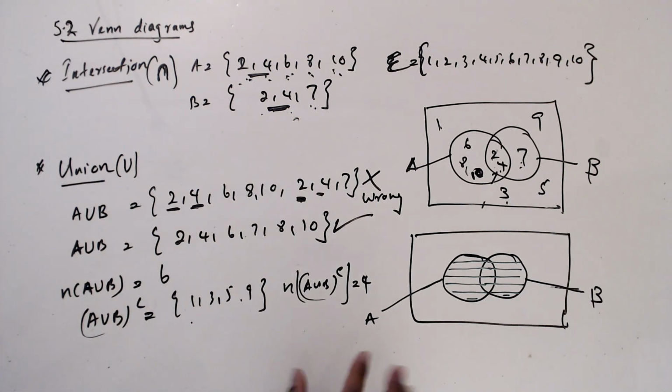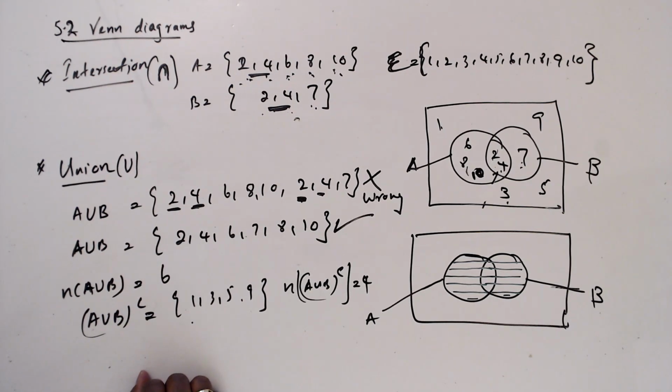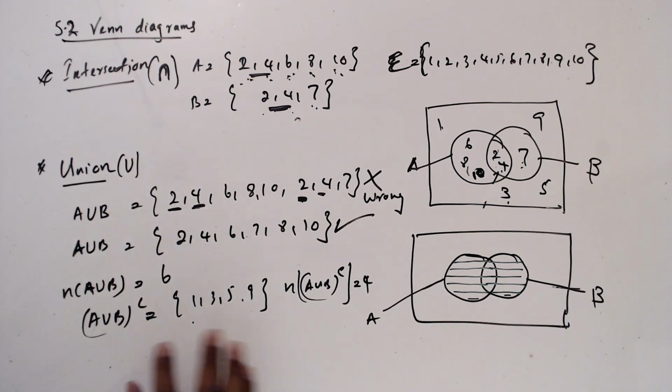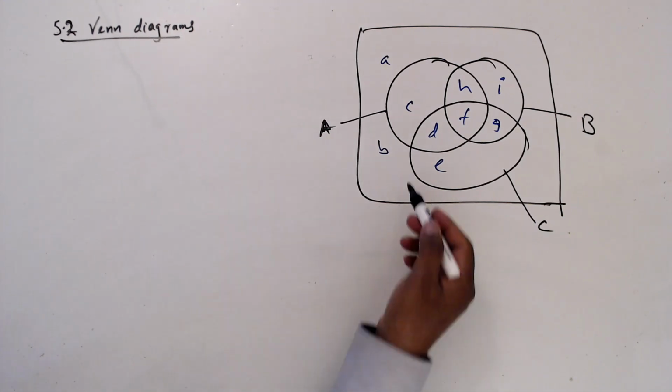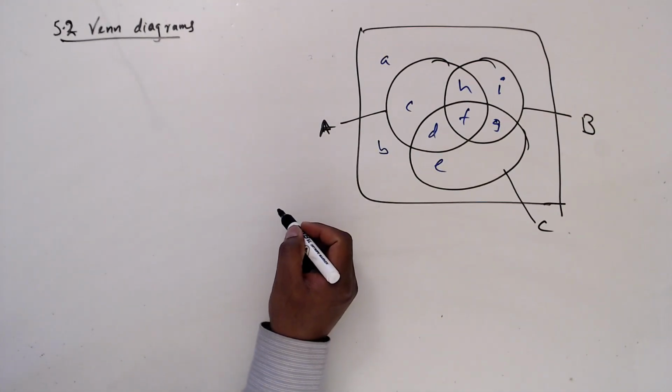You really need this knowledge when you come to the second year. There is a topic. So I'm going to write the same thing over there. Now this is A, B, C. So that is the Venn diagram.